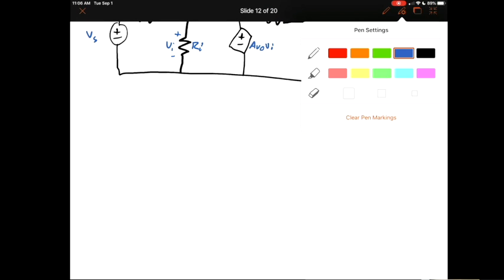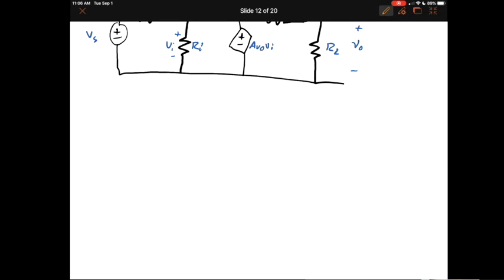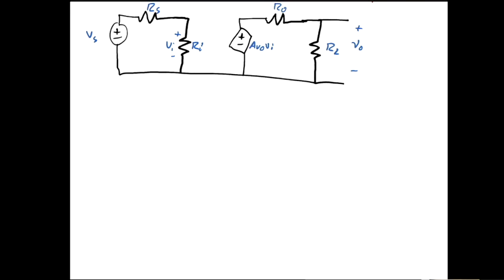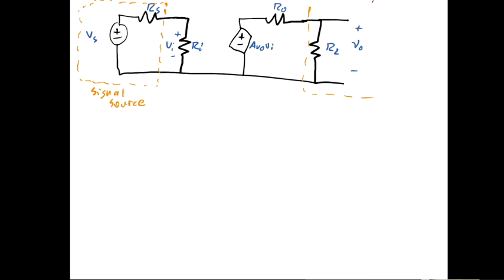So this much is the signal source. The signal generator, if it was in the lab. And this is whatever is on the output.